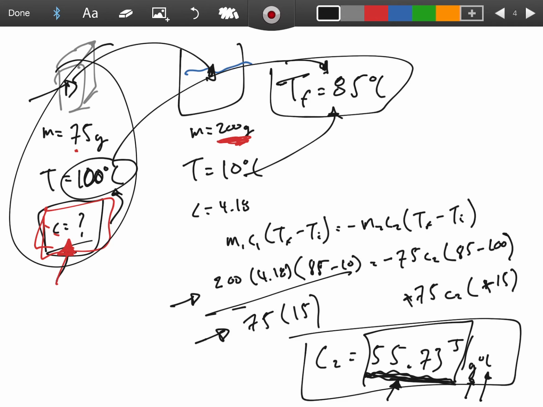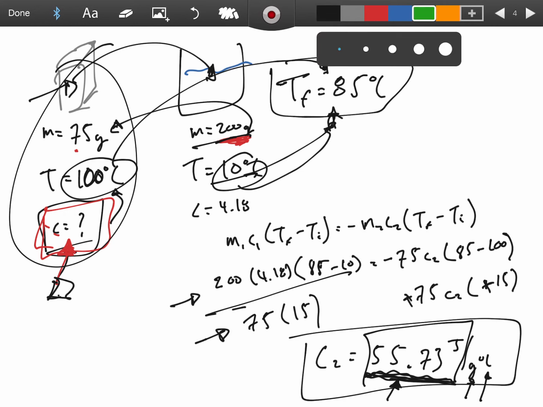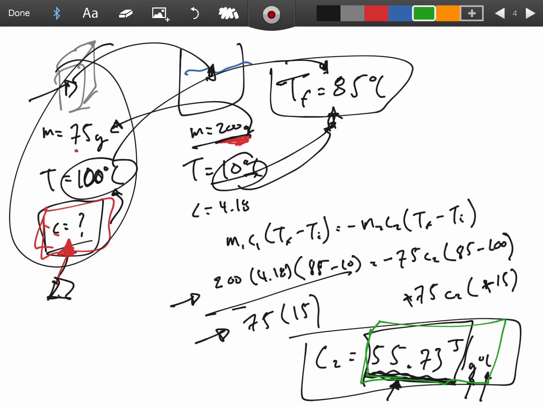And especially we expected this to be really big because of those things we talked about in the beginning, that the temperature of the water changed so much, and there was more than twice as much of the water as there was of the thing. Anyways, just so that you all know, this number realistically in the real world would not be possible. It's an unrealistic figure, but for the little made-up numbers I have here, it works just fine.